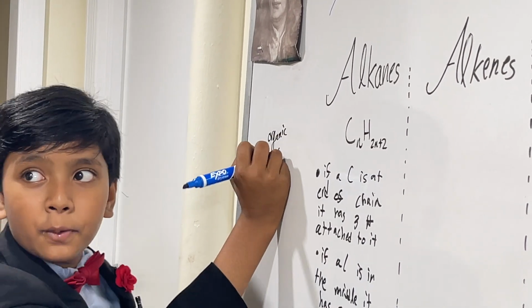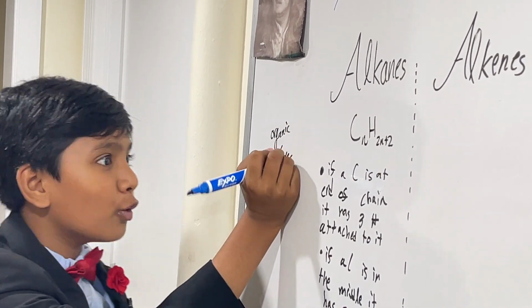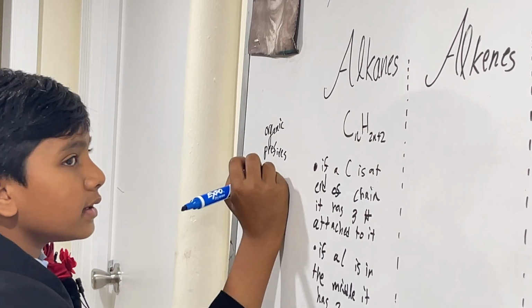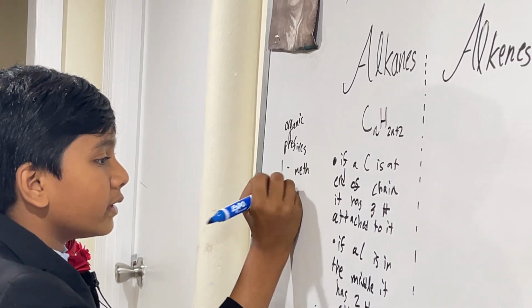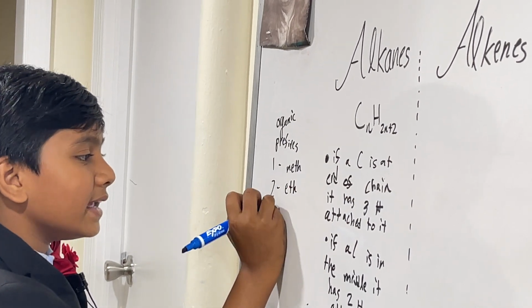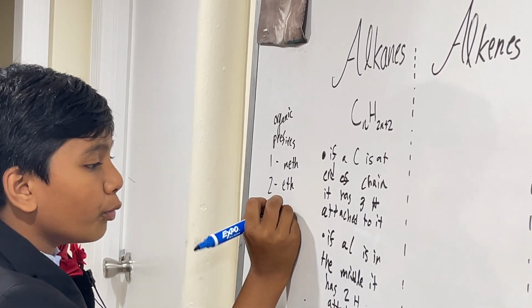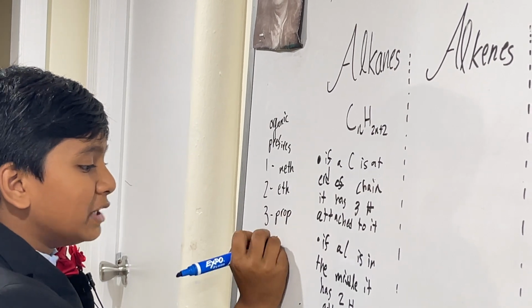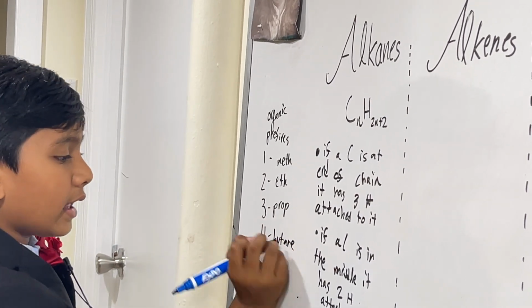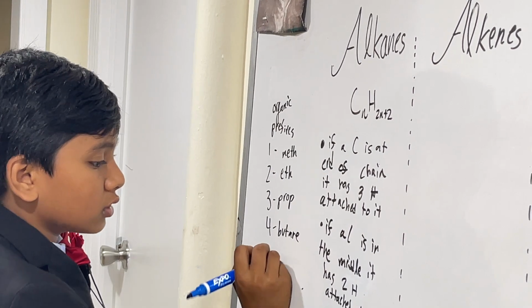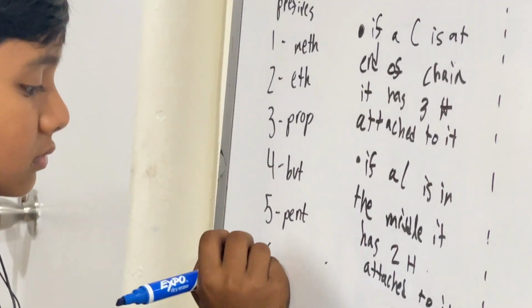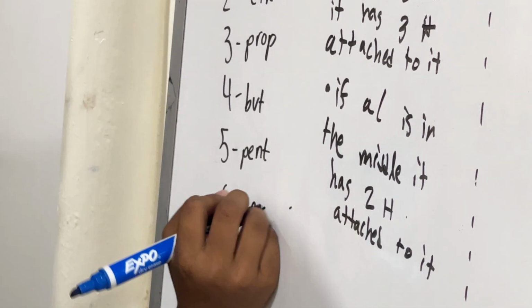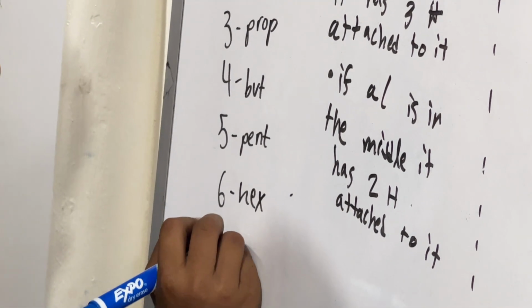But I am your table Q now, because 1 here is methane, 2 here is ethane, 3 propane, 4 butane, and 5 onwards is the regular prefixes that you might expect.